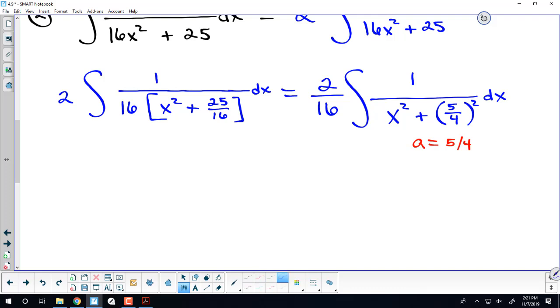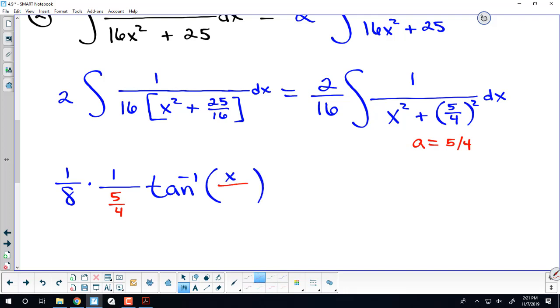So our constant, we've got a 1/8. The antiderivative is 1 over a. So 1 over 5 over 4, 1 over a, times the inverse tangent of x over a plus c.